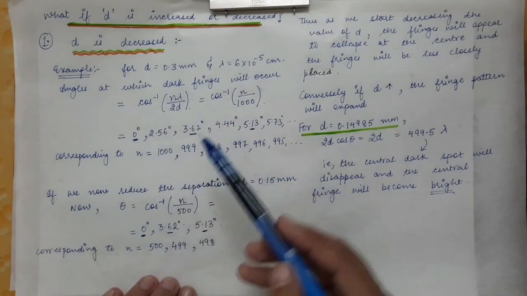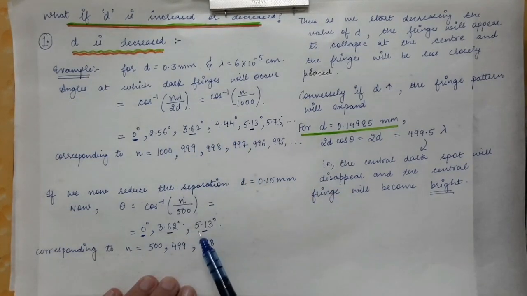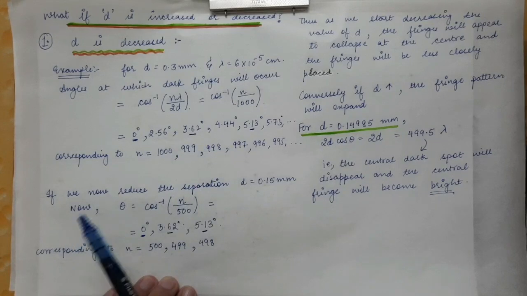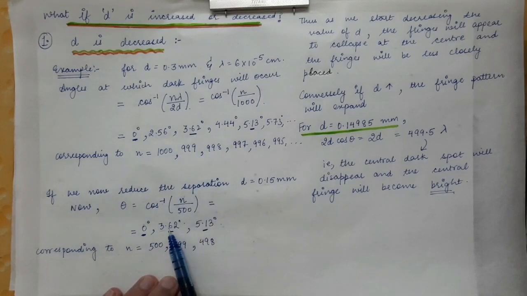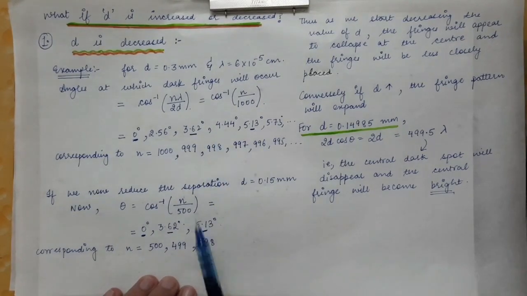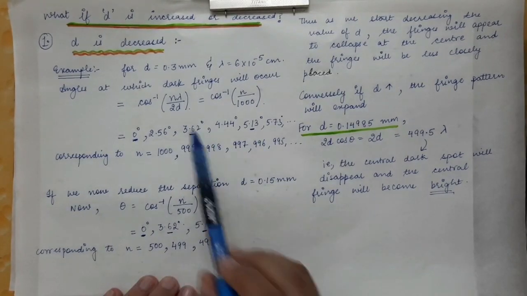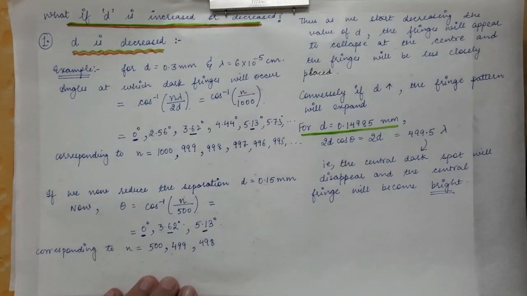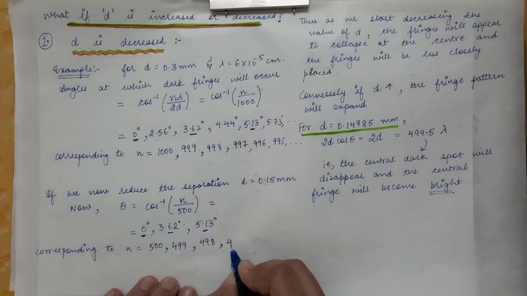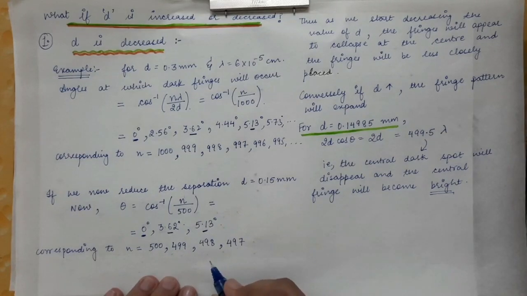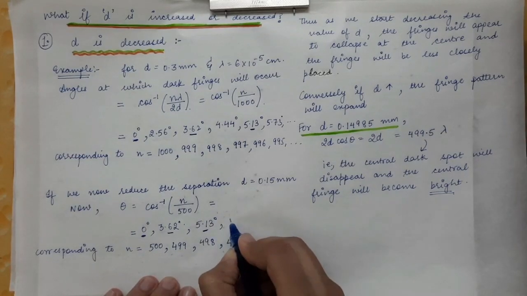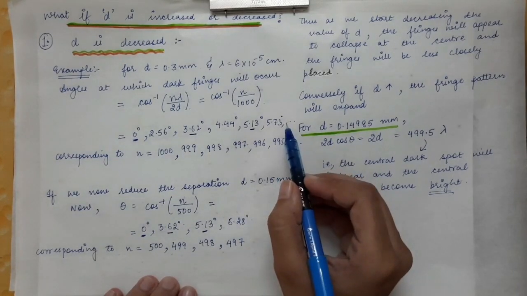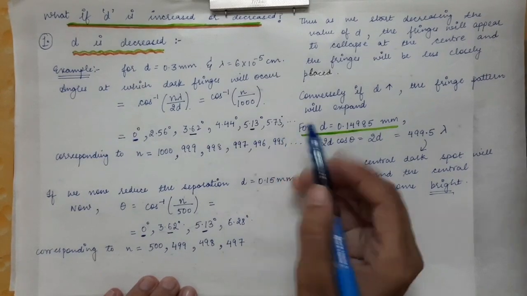What we are concluding from this is that the fringes are collapsing to the central point. This fringe has gone to the second position, and this fringe has gone to the third position. As you are decreasing the distance, the fringes are collapsing. Then when you put n equal to 497, the dark fringe will be observed at 6.28 degrees, which comes after 5.73 over here.